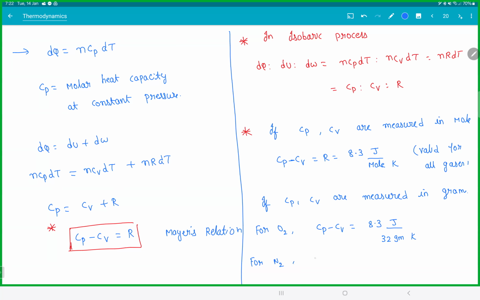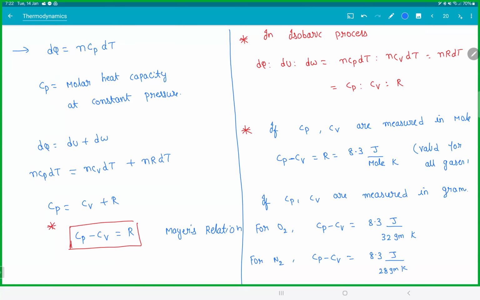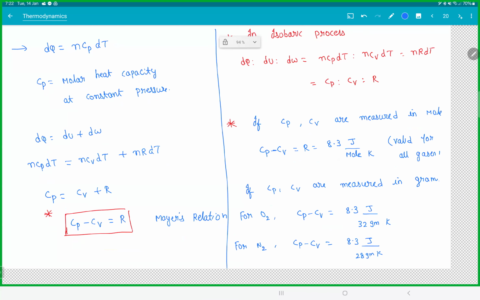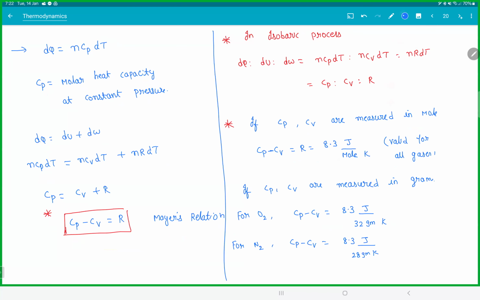If you take nitrogen, then Cp minus Cv will be 8.3 joule, and 1 mole is 28 grams. So Cp minus Cv will not be the same. We have to be careful in what units we are measuring. So Cp minus Cv for oxygen is not equal to Cp minus Cv for nitrogen if you take in terms of grams. In moles, they're equal. Are you getting it?